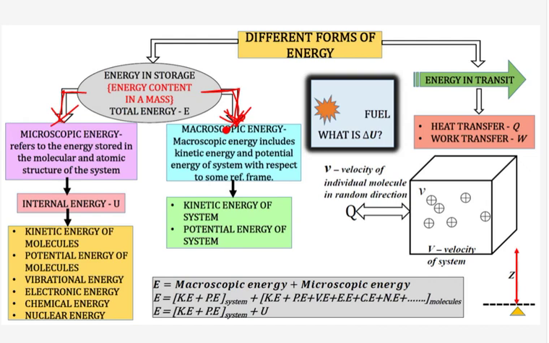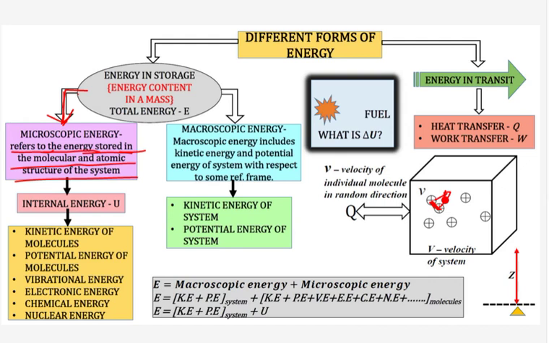Now we'll try to understand these two. Microscopic energy refers to the energy stored in the molecular and atomic structure of the system. Like if we have two molecules, the energy is stored in this molecular structure of the system, like in the molecular bond, in the atomic bond, in the molecular forces between the two molecules, the energy which is joining these two molecules.